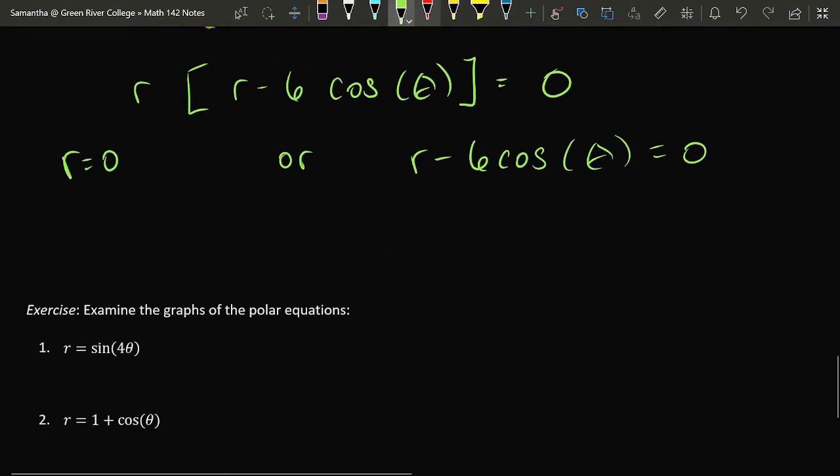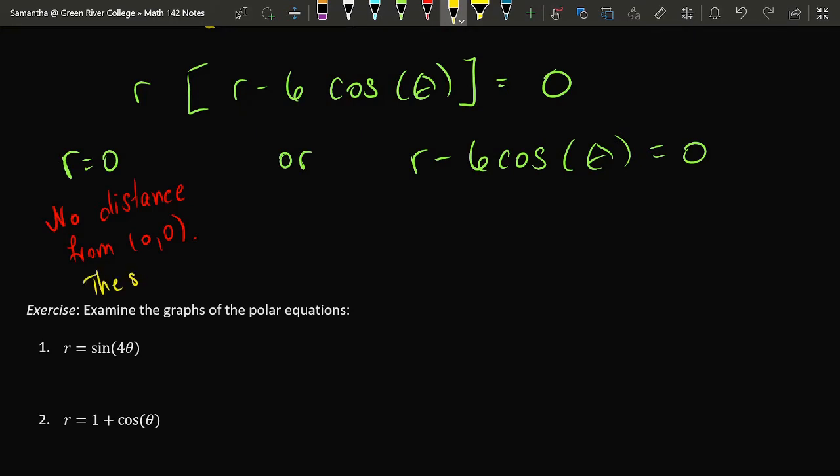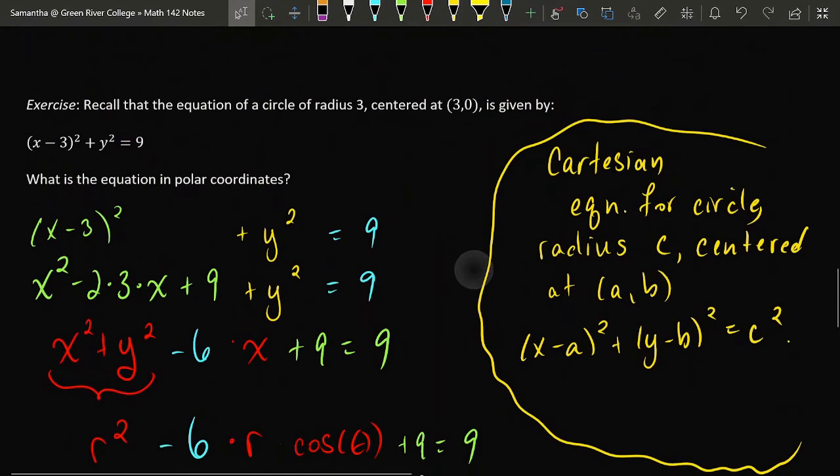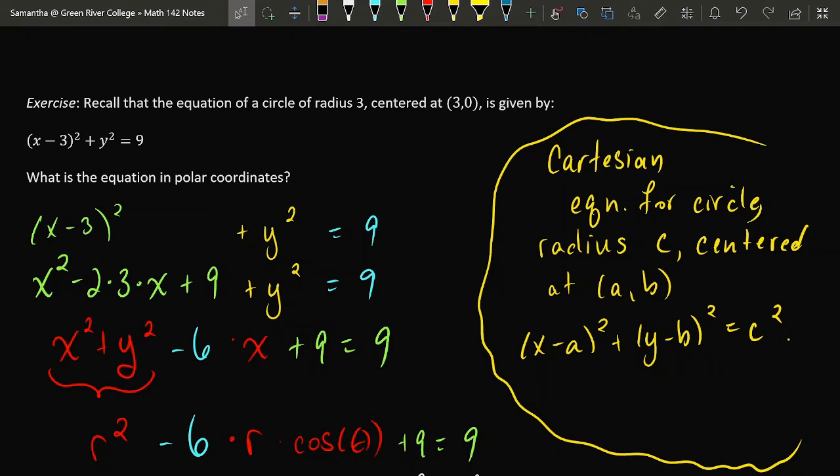But r equals 0 corresponds to starting at the origin and not moving any units away from the origin. So r equals 0 just describes the single point at the origin, 0, 0. Start there and don't move at all. Then you will be located at the origin. Now, we already know that this equation is not just corresponding to a single point at the origin.